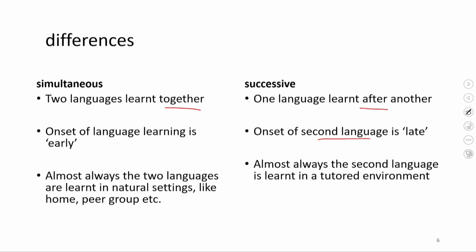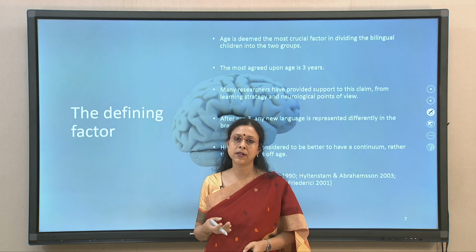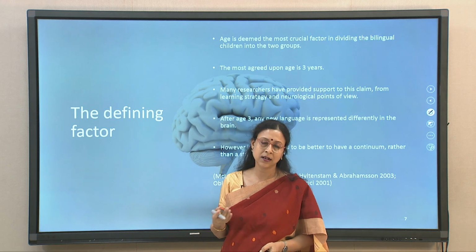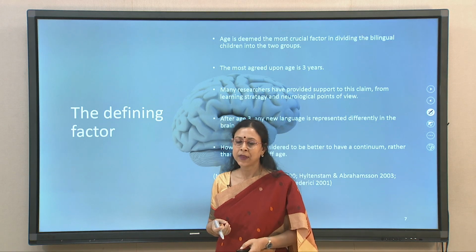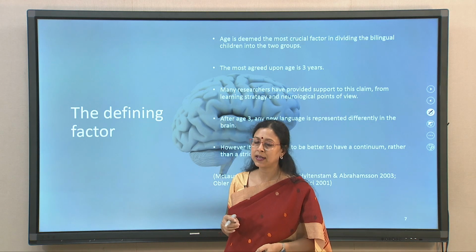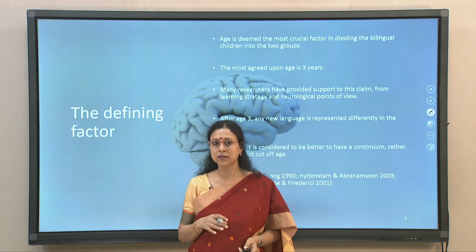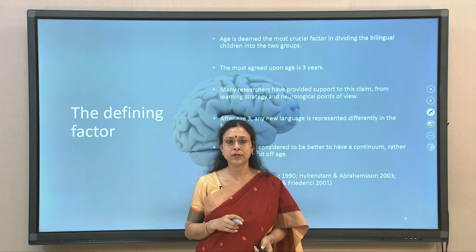But successive second language learning more often than not, though not always, happens in a tutored environment, by which we mean it is formally learned in school if it is a child, or in the later part of life if it is an adult. Of course, there is social bilingualism as well, which we will discuss separately, but when we are talking about children, this is how the differences are looked at.